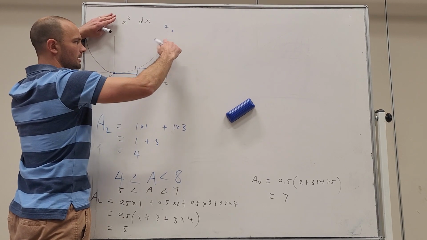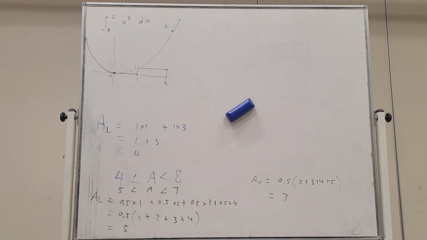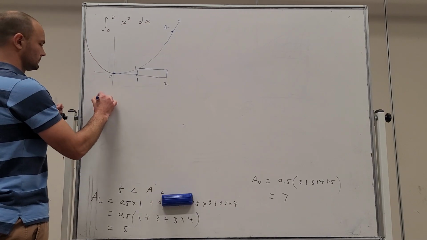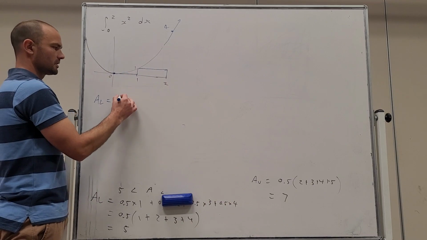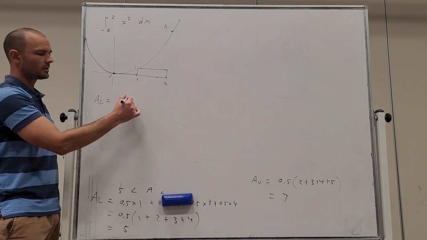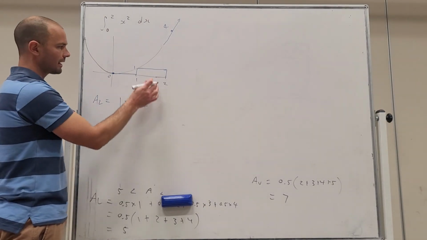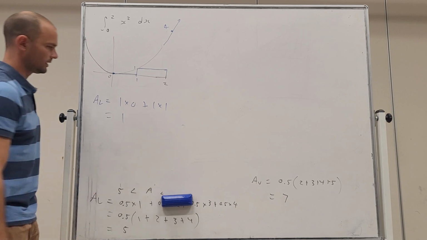That'll pop in when we do the upper rectangles in a moment. So our lower estimate then, each rectangle has a width of 1. The first rectangle, 1 times 0, has a height of 0. The second rectangle, 1 times 1. So our lower estimate is 1.